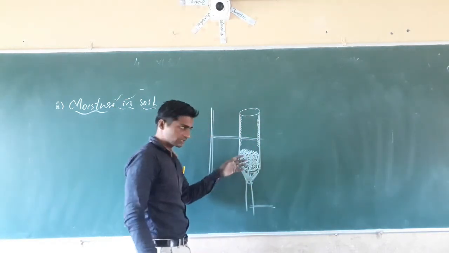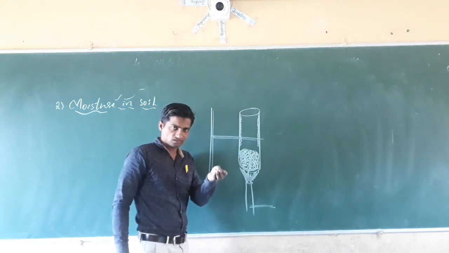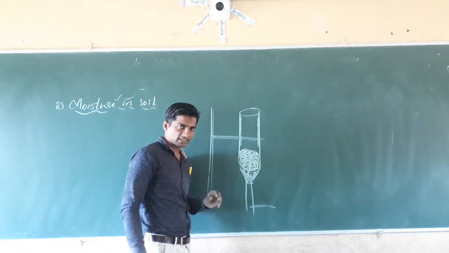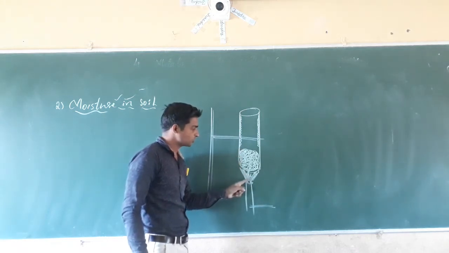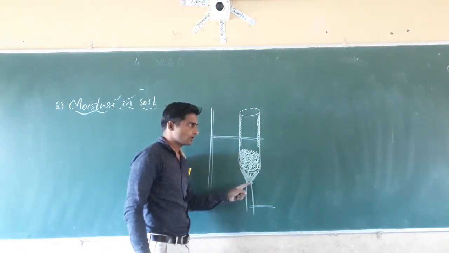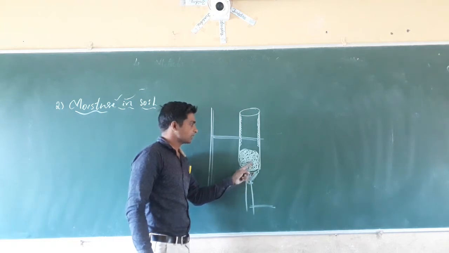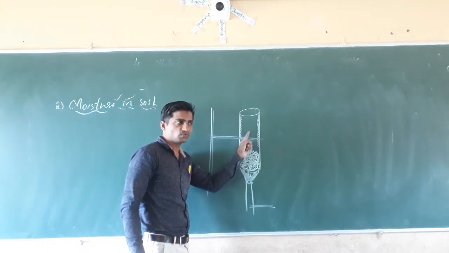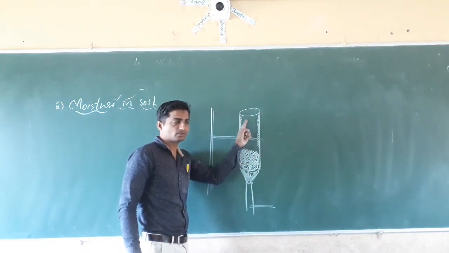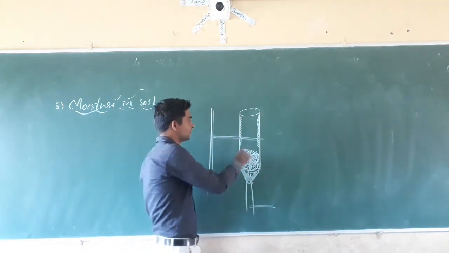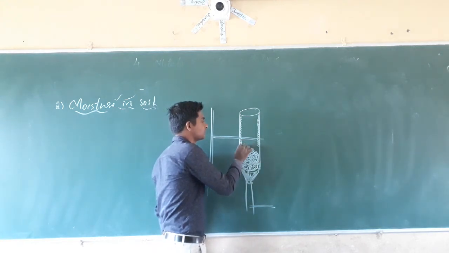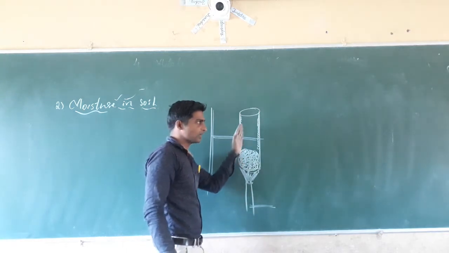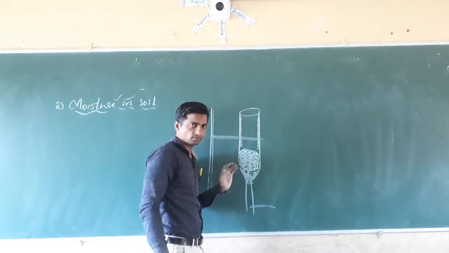Take a wet soil sample, put it in a test tube, and heat the test tube with a Bunsen burner. On heating, the vapors start to move in the upward direction. The vapors accumulate on the surface of the test tube.